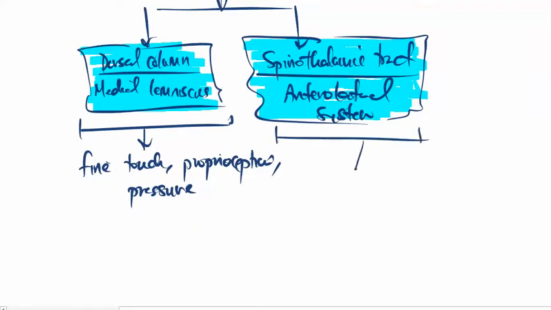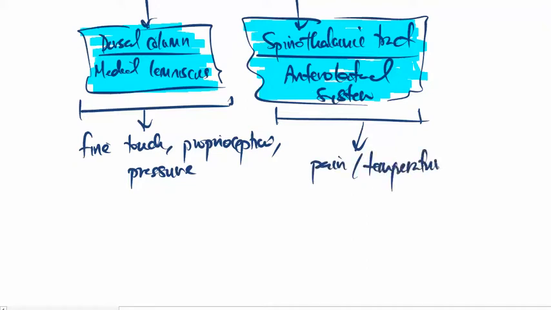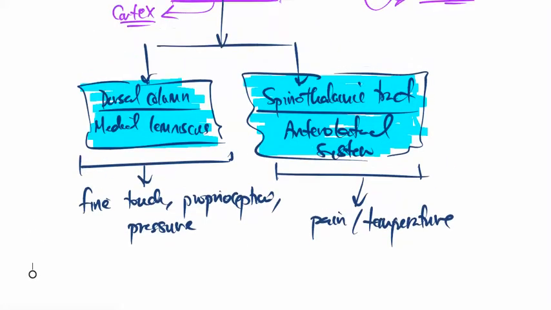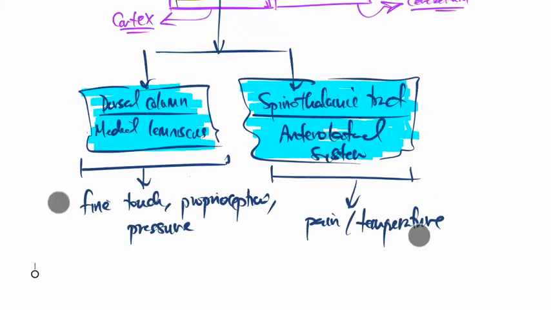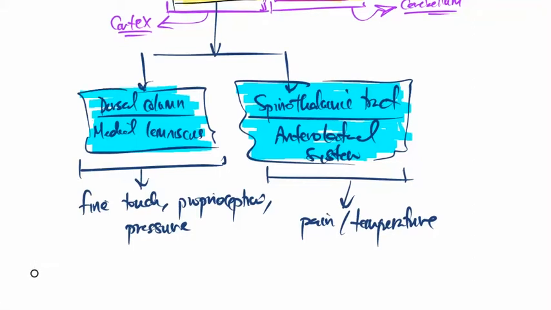The spinothalamic tract is going to be relaying pain and temperature. Cool? So pain and temperature from your body is going to be perceived by your brain through your spinothalamic tract. And then fine touch, proprioception, pressure, it's going to be going back to your brain through the dorsal column.